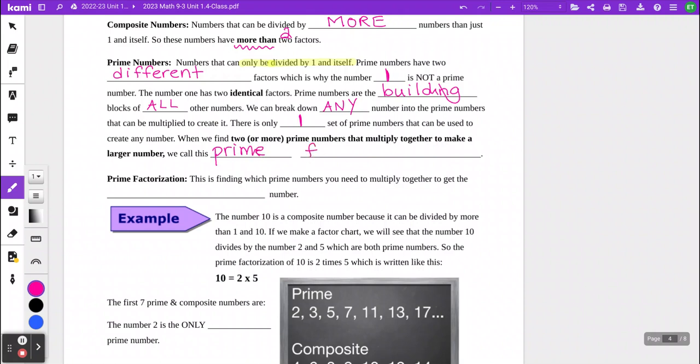The word is down below on the left. You can see the spelling of it. Prime factorization. This is finding which prime numbers you need to multiply together to get the larger number.